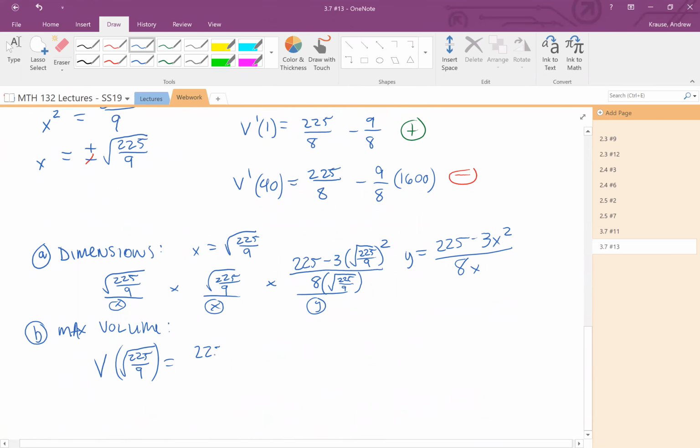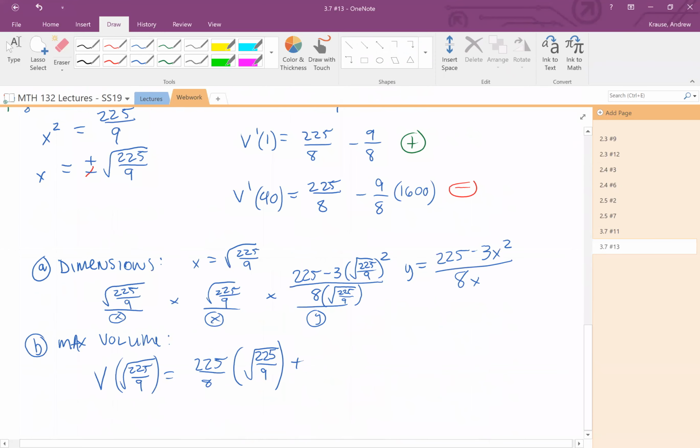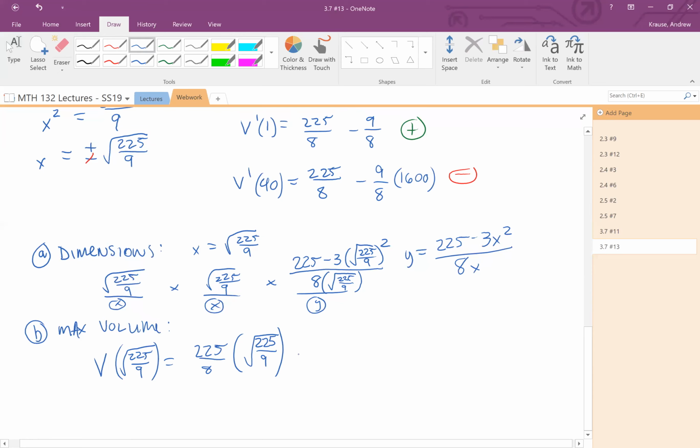So 225 over 8 times the quantity square root of 225 over 9, plus, oh, sorry, it's a minus 9/8 that x value cubed. And so again, our x value was 225 over 9.